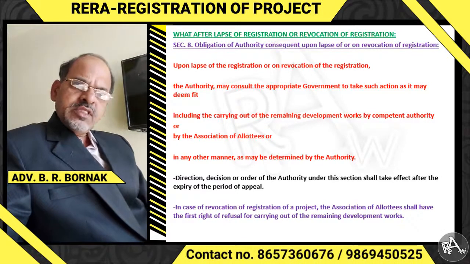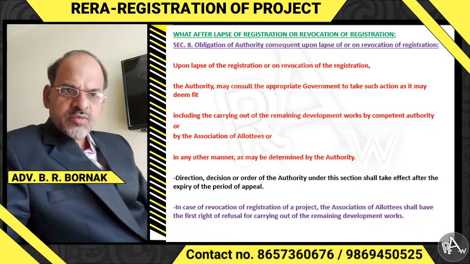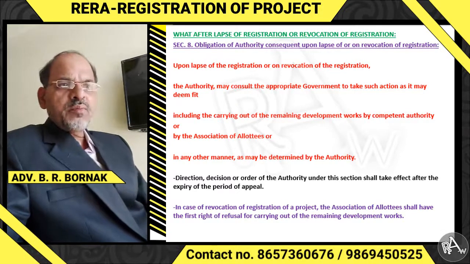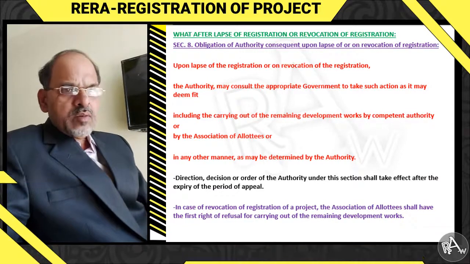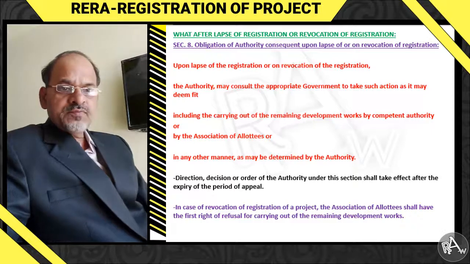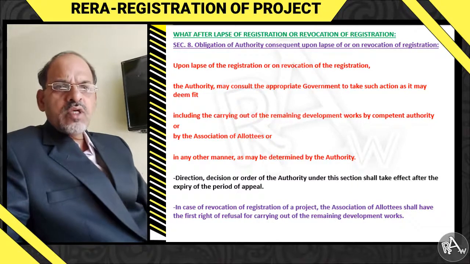So there are two options before the authority, by consulting with the government: either to complete the remaining development works by a competent authority, or by the association of allottees, or in any other manner as may be determined by the authority, but these two options are available.